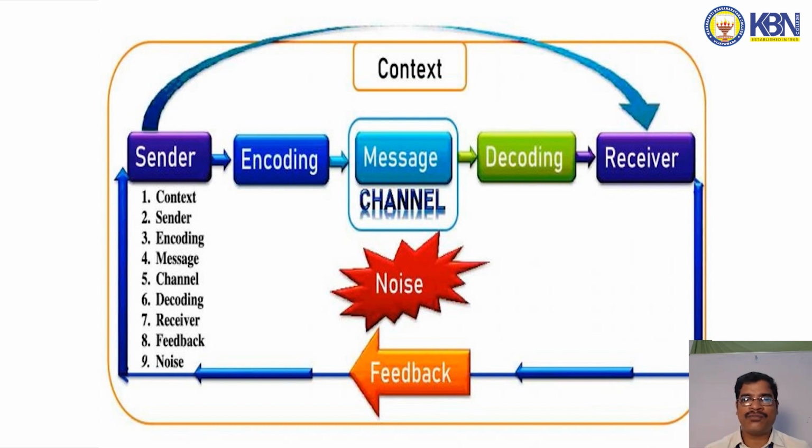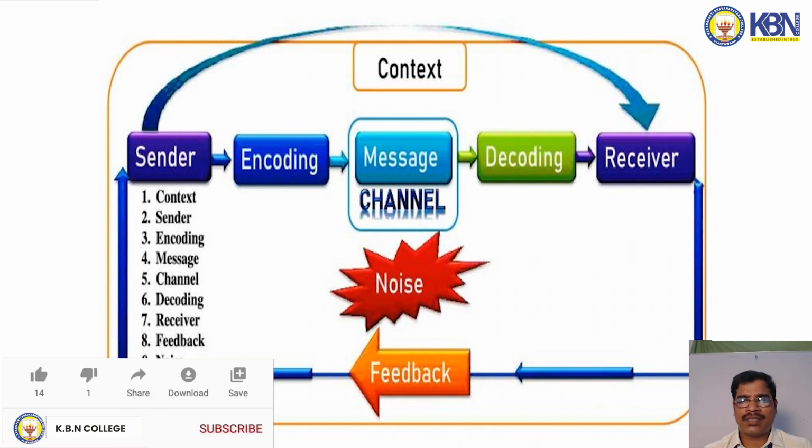See, a message will start at the sender. The sender is going to create a message. He encodes the message in his own language, and he sends the information as a message.